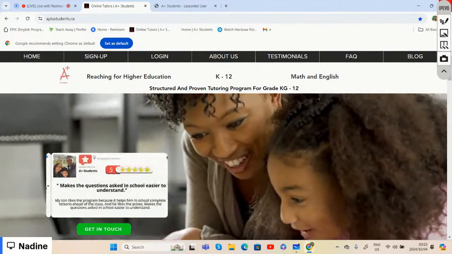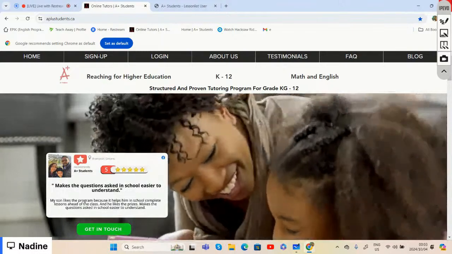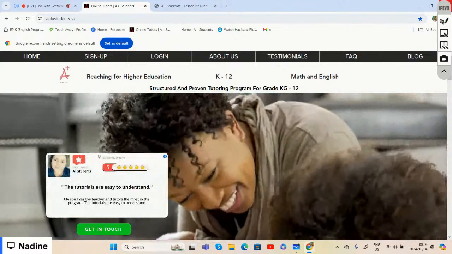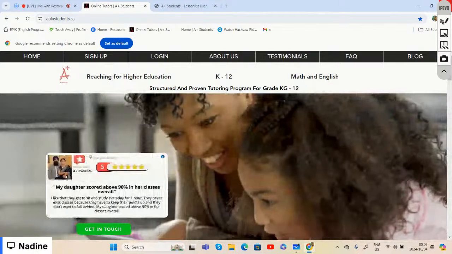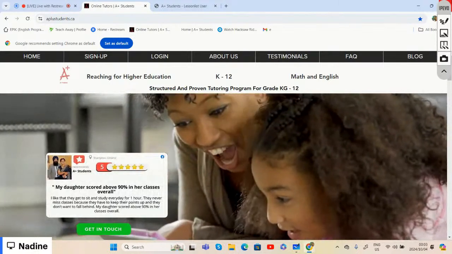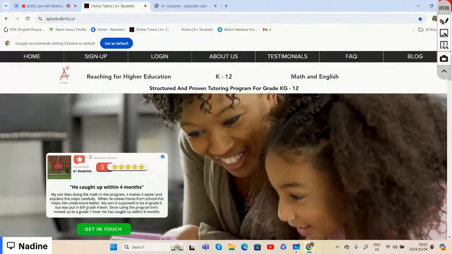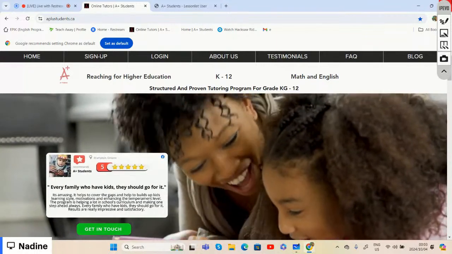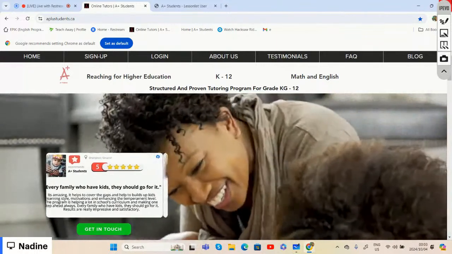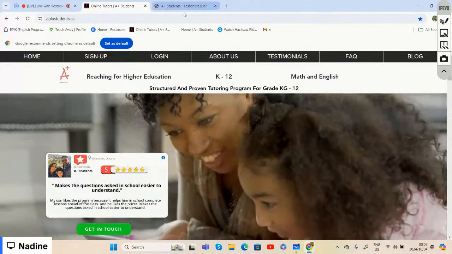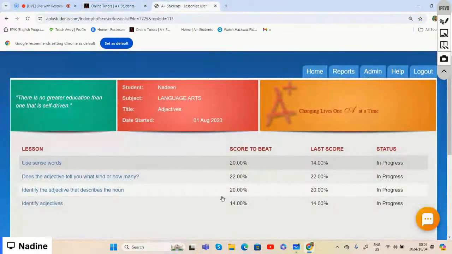We're doing grade 2. And then we're going to scroll down until we get to the chapter of adjectives.